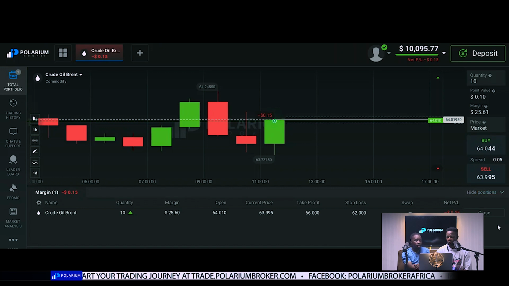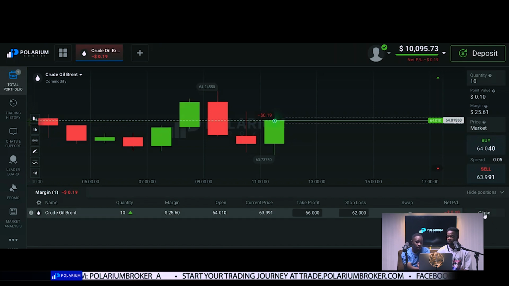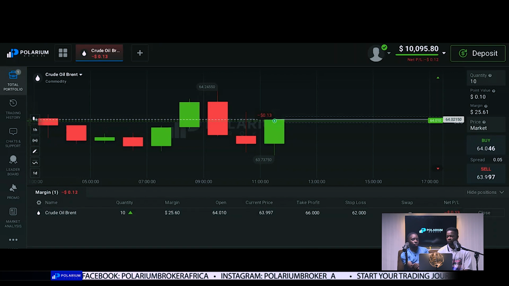Maybe you have seen a good profit. Because you put 25 and you're already on maybe plus $5, then you can come here and just click close. If I close this trade now, there is a loss of 19 cents. But I don't want to close it. So I will wait for it to be in profit before I close it.